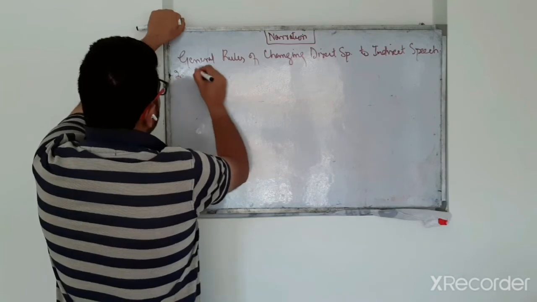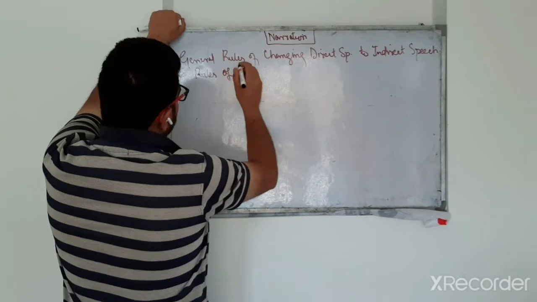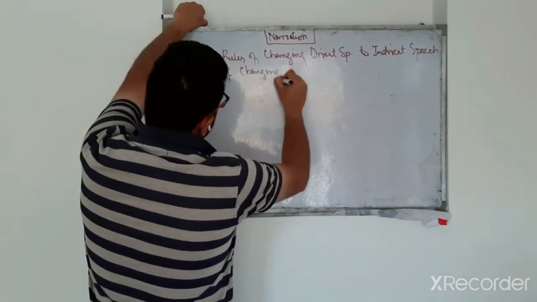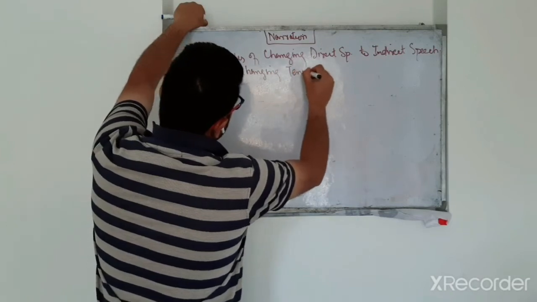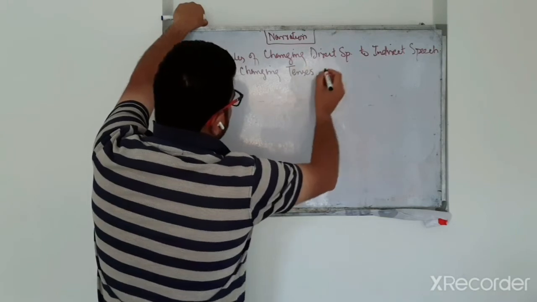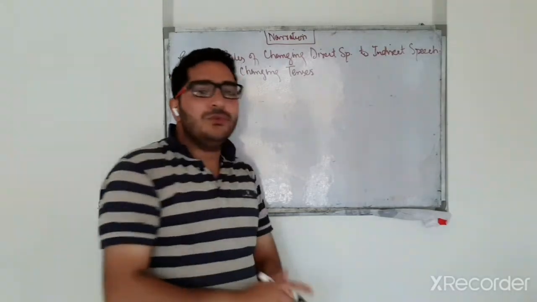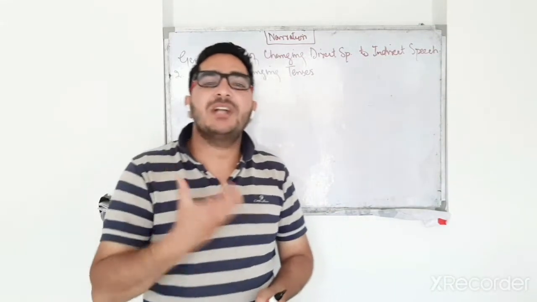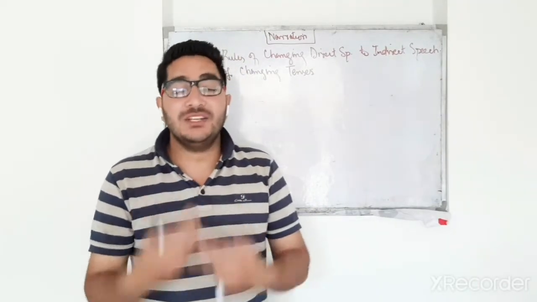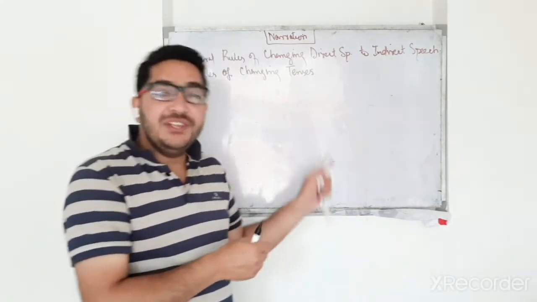Now rule number 2: rules of changing tenses. While we transform a direct speech into indirect speech, these rules are followed.